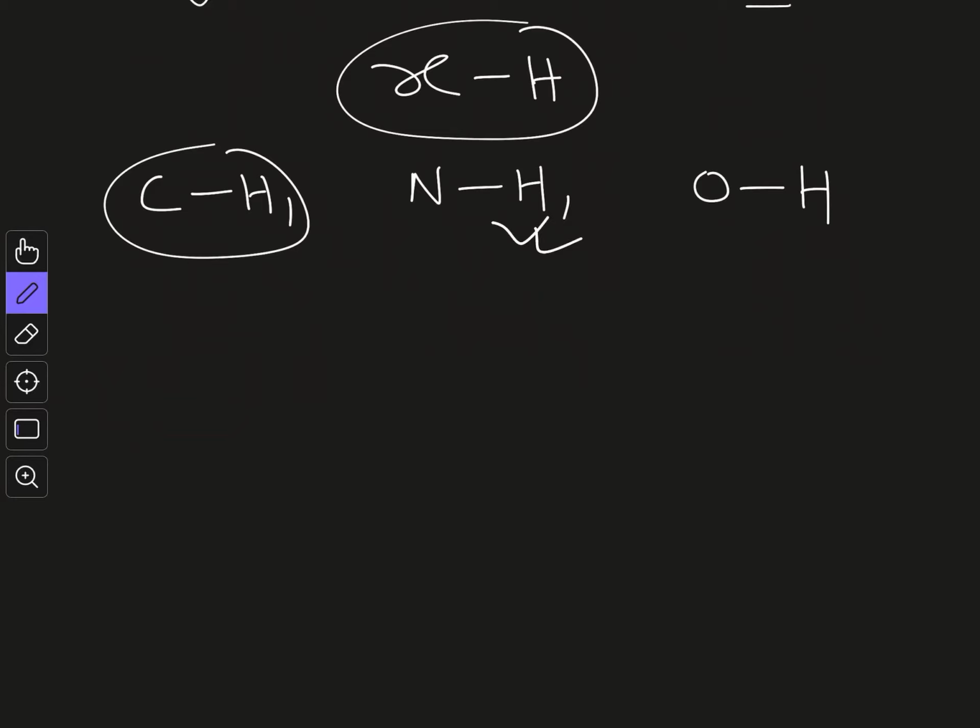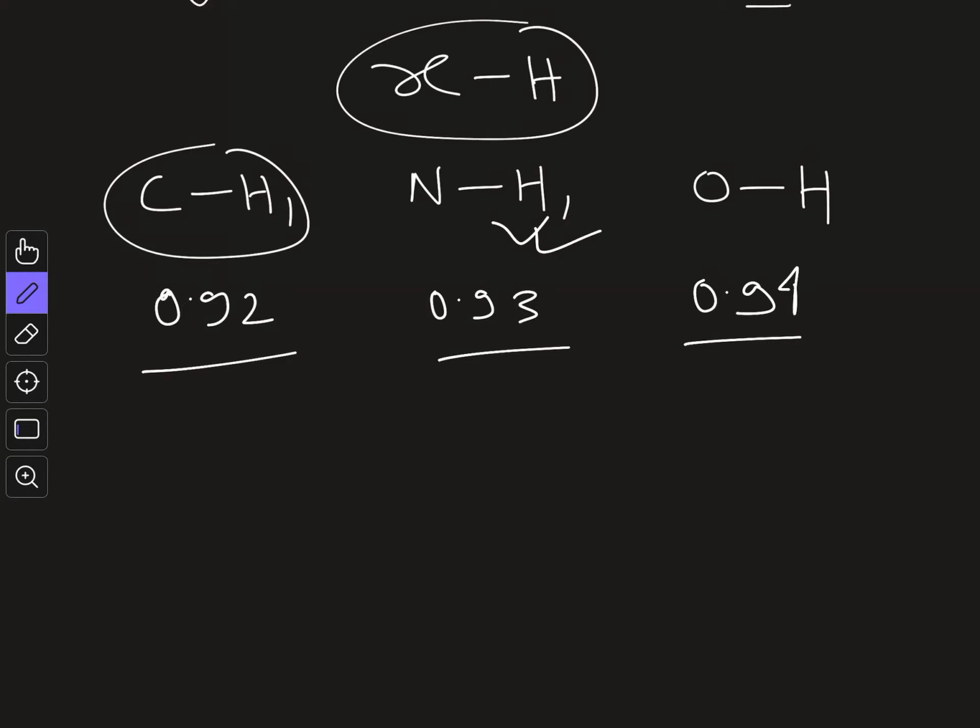CH is around 0.92, NH is around 0.93 and OH is around 0.94, and you can see this reduced mass difference is nothing. So reduced mass has no effect on the stretching frequency of these 3 groups.